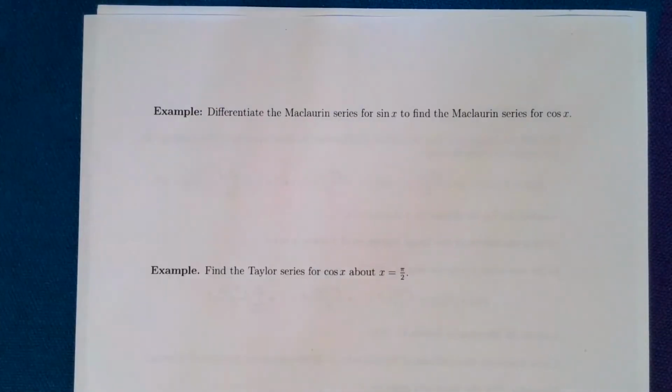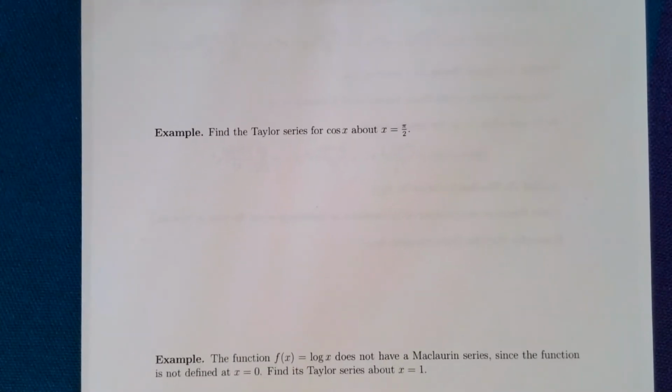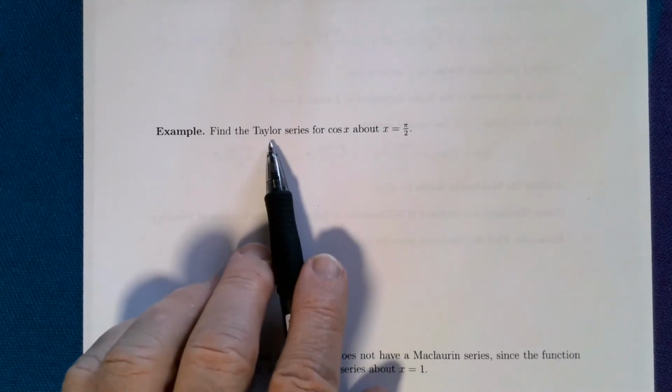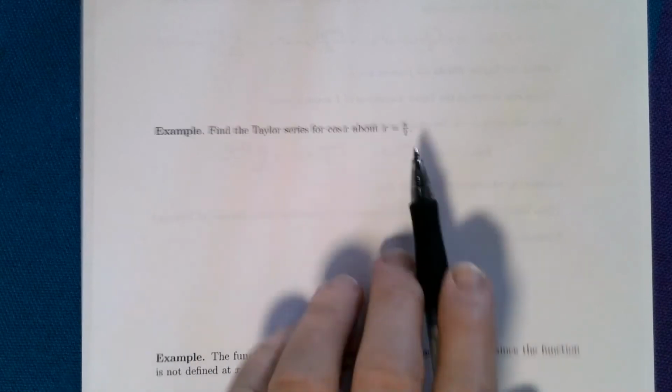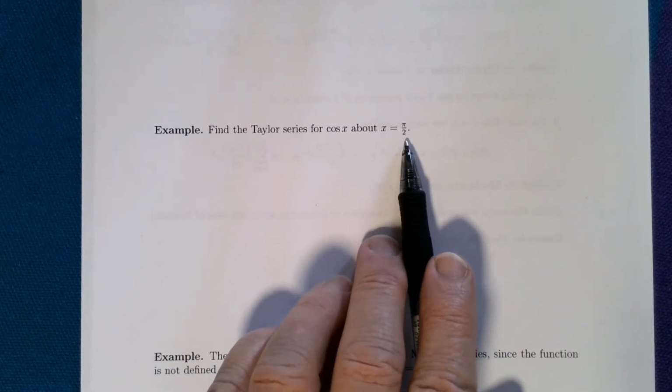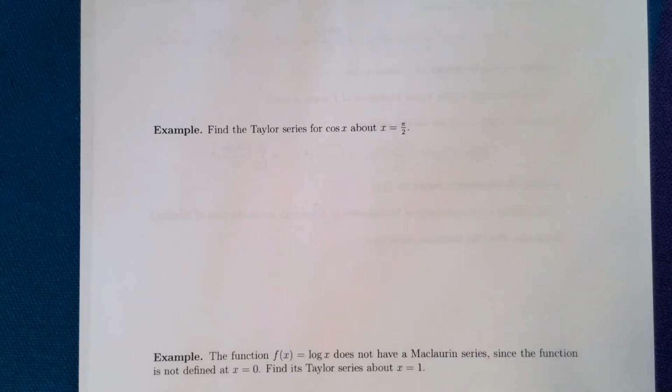Well, I've done several examples of Maclaurin series. I'll just do one of Taylor series. These are the more general ones where we're expanding not about 0 but about some point. So here we're expanding about the point x is pi on 2. I'll go through the calculations of this one.